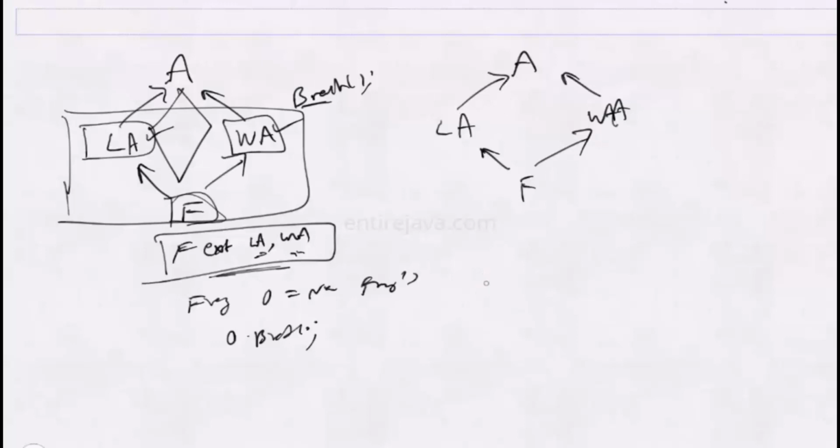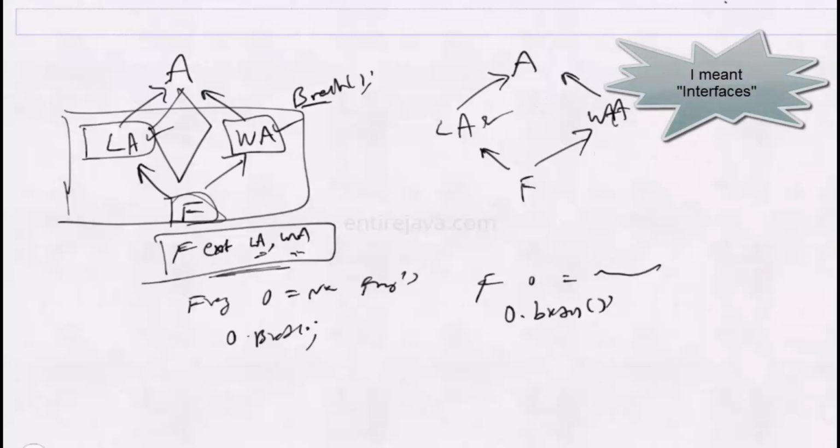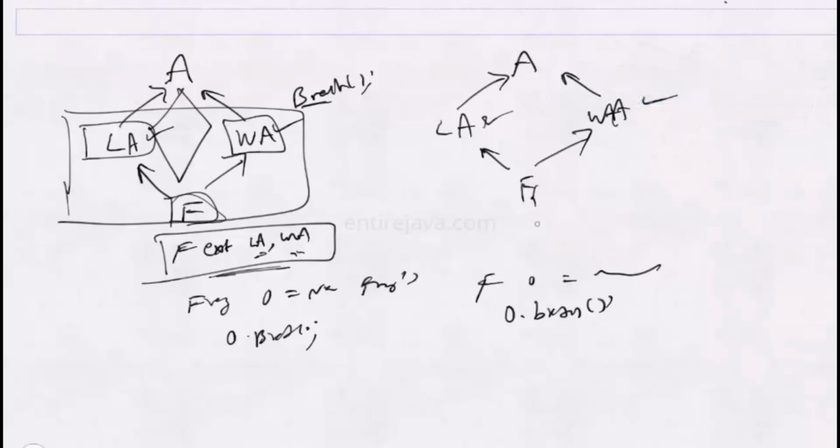Now, if we create an object of frog and do object.breathe, you will not get a conflict. That's very obvious because there is no implementation or behavior written in these interfaces. The behavior is defined inside the frog class. There are no two behaviors. It's just one behavior provided by the frog class itself. So there is no scope for ambiguity.